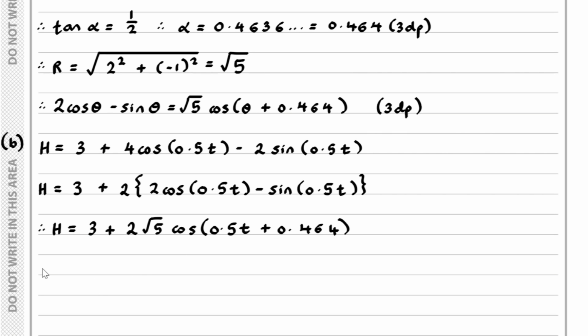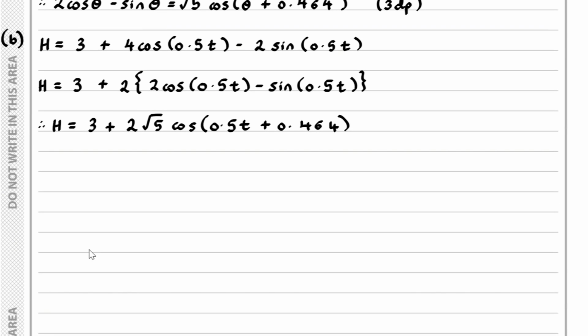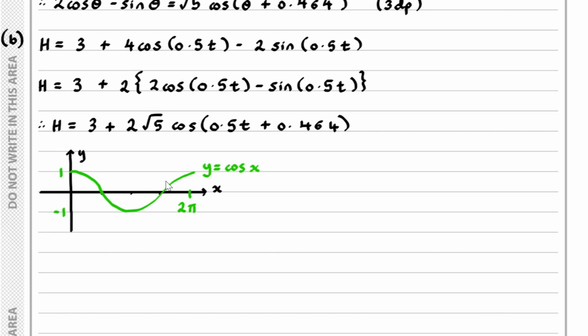So therefore, we can conclude the maximum, well, let's just draw out the graph of cos. With the graph of cos, of course, the maximum of h, bearing in mind the transformations in the t direction, we then stretch it and then we add 3, so the max h is equal to 3 plus 2 root 5 meters.